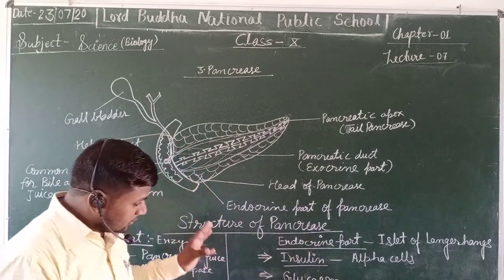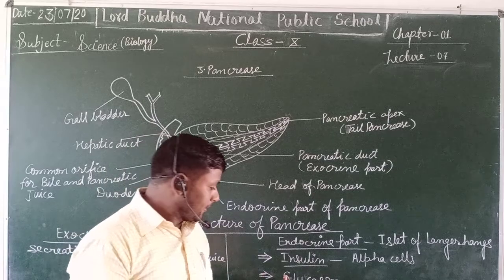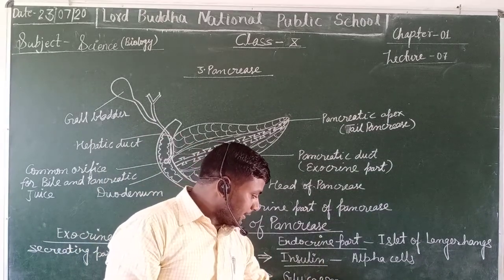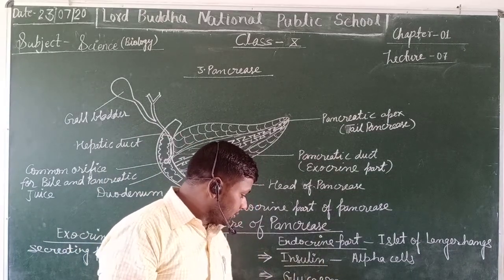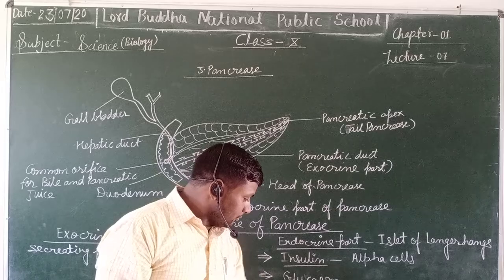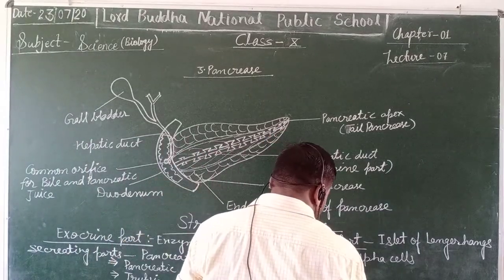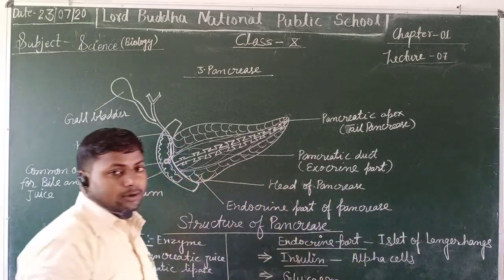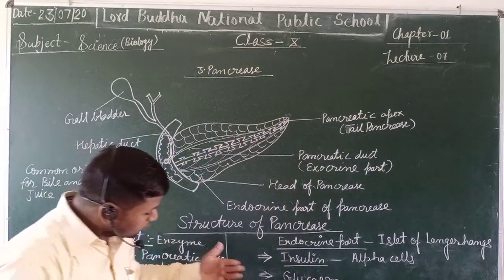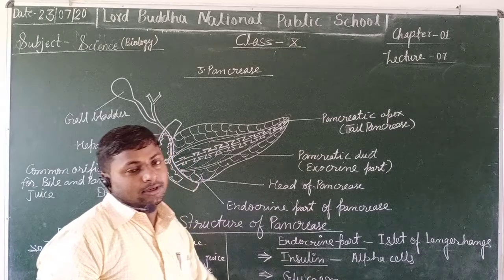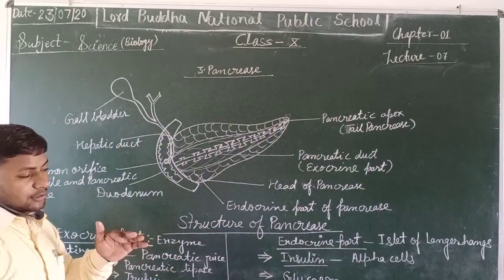Thus the glucose level in the blood is controlled by the secretion of glucagon hormone. Glycogen is a somewhat complex type of carbohydrate which doesn't directly oxidize in our blood.